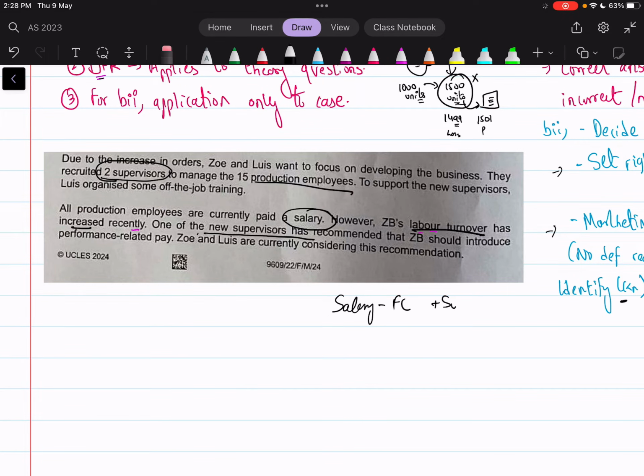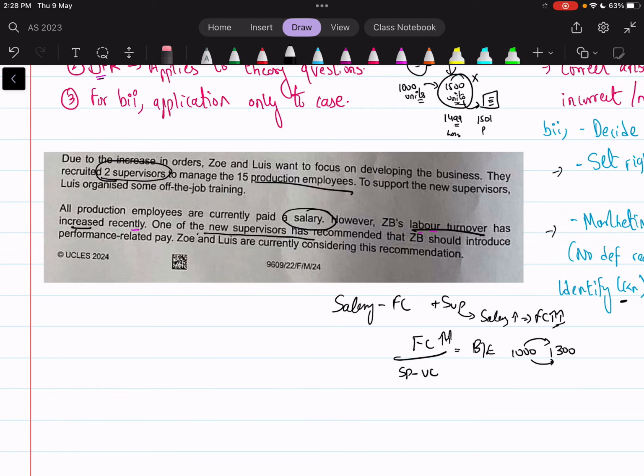So if you hire more supervisors, this will actually increase your salary expense, and if your salary expense is increased, your fixed cost will increase, and your break-even formula is fixed cost divided by selling price minus variable cost. So if your fixed cost increases, this is likely to increase your break even. So your break even may actually reach from 1000 units to, let's say for example, 1300 units.